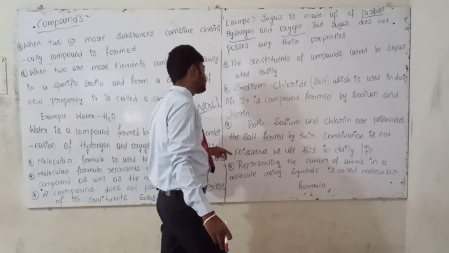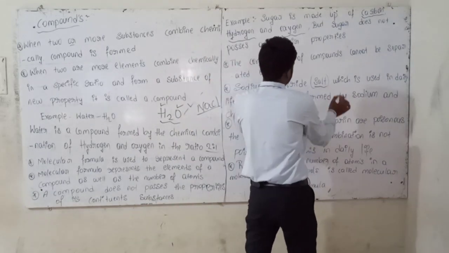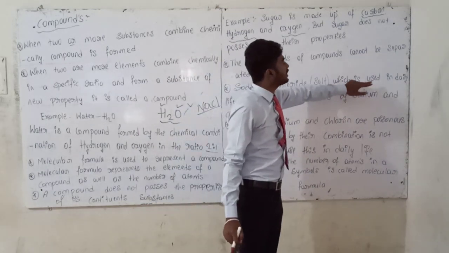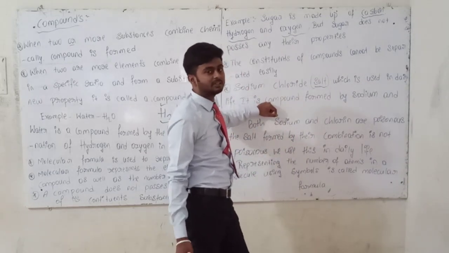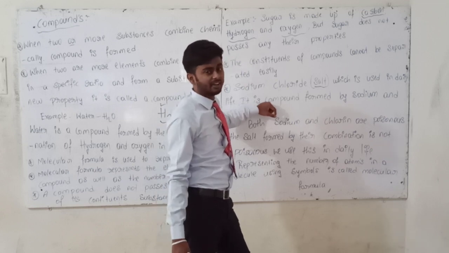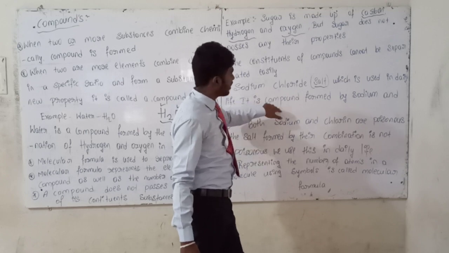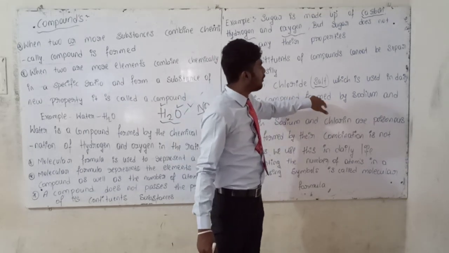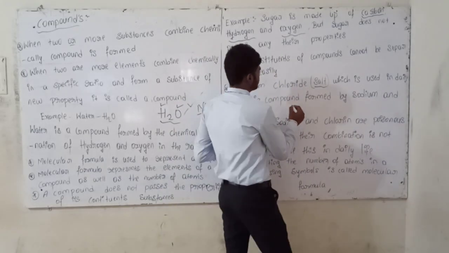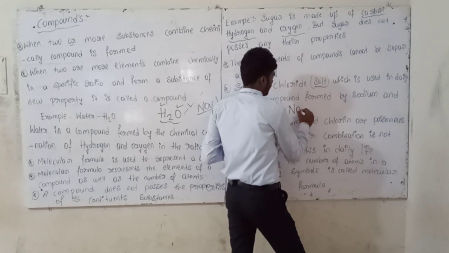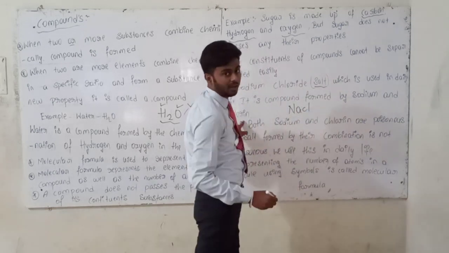And sodium chloride, I already told, is salt, which is used in daily life. It is a compound formed by sodium, Na, and chlorine, Cl.